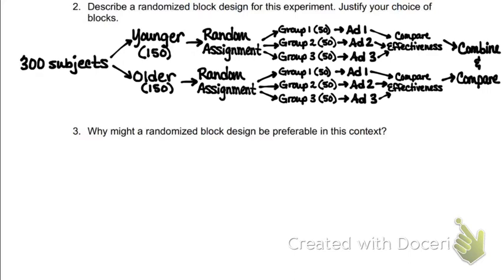So remember, the whole goal for us doing block design, much like when we choose stratified, we're looking for things that reduce our variability here. We're trying to see, of these 3 ads, which one is the most effective. And if age is skewing those results, if I have one group that has more older people than younger people, I might only be seeing which ad is most effective with the older group, not which ad is most effective overall.